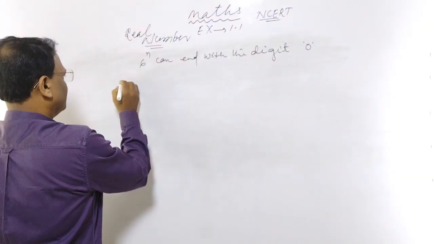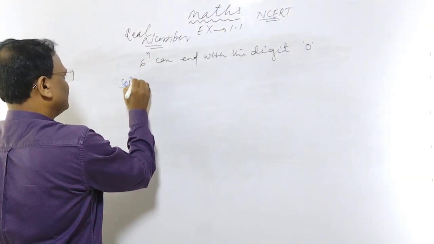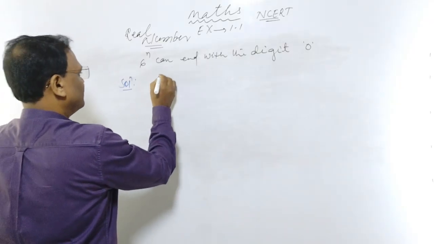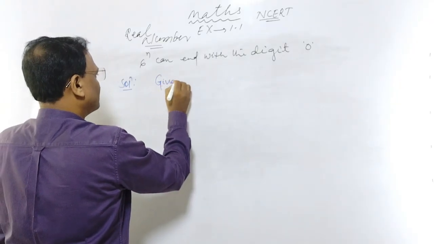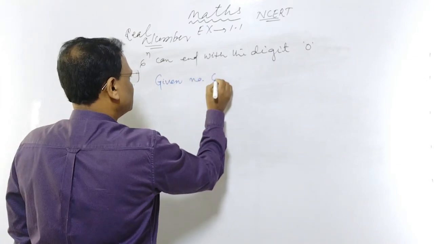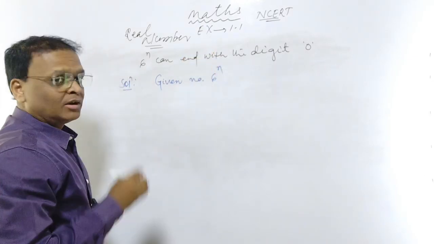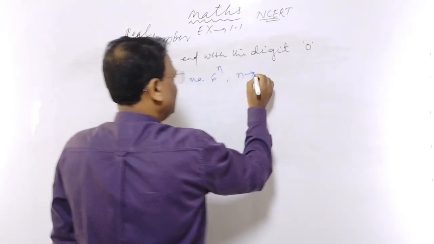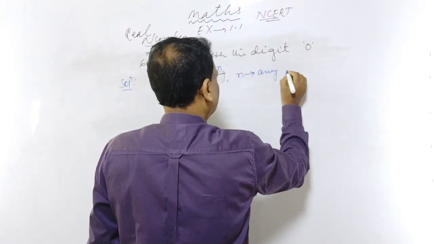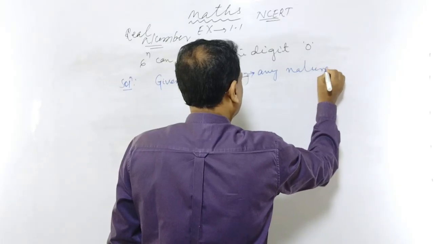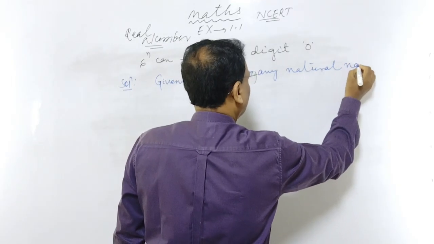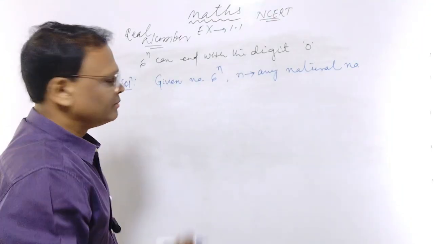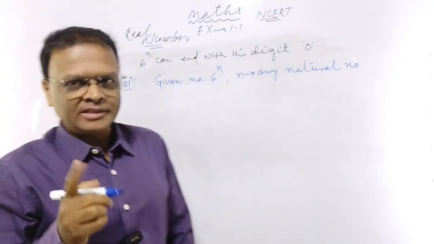Let's do the first one. What is given? He has given 6 to the power of n, where n is any natural number. You can take any natural number. So let me consider the first natural number, which is 1.